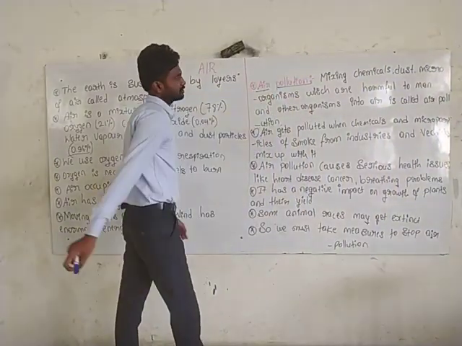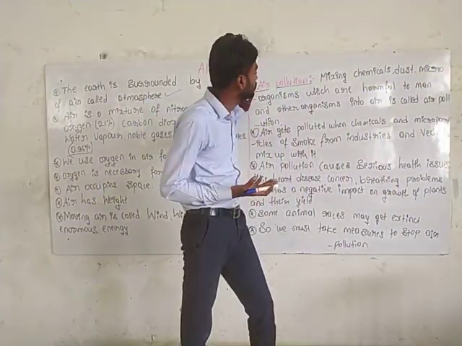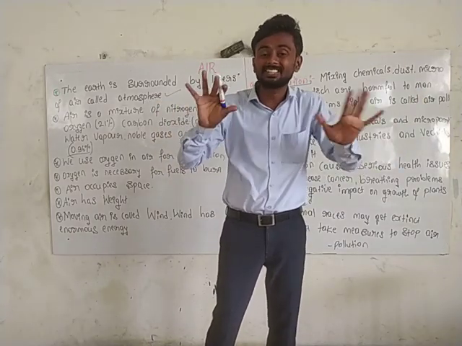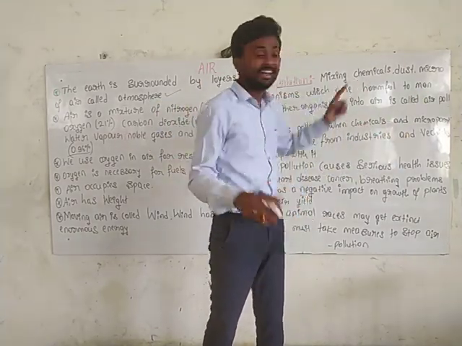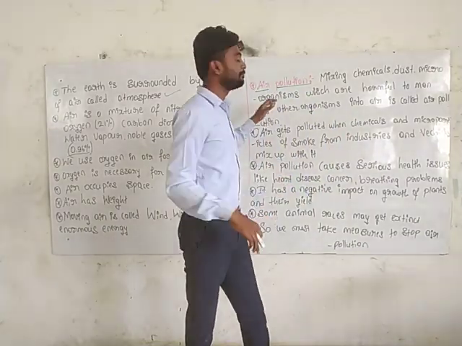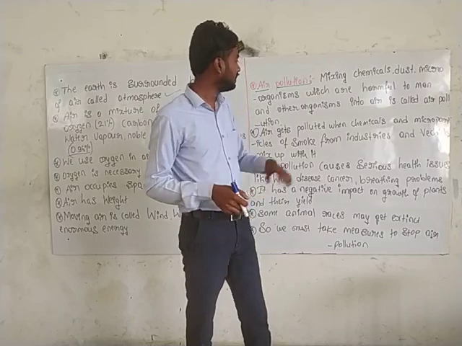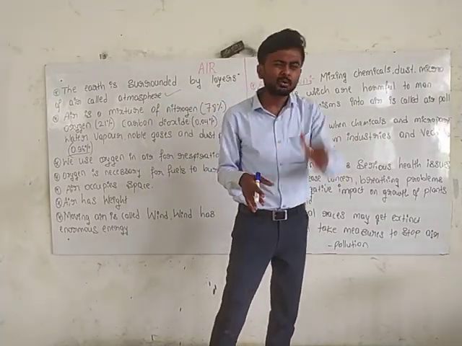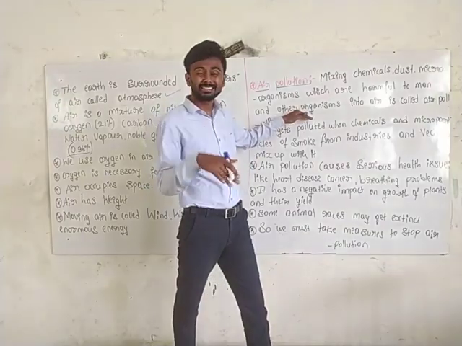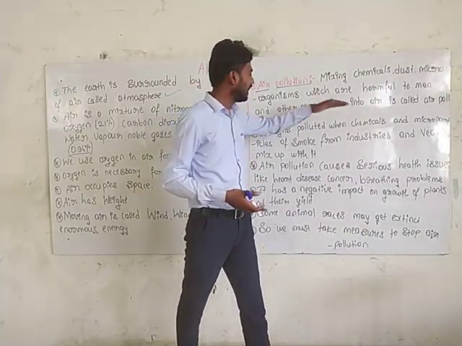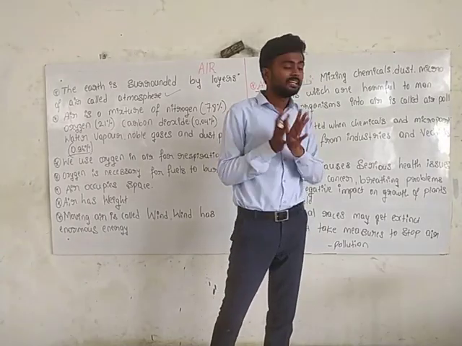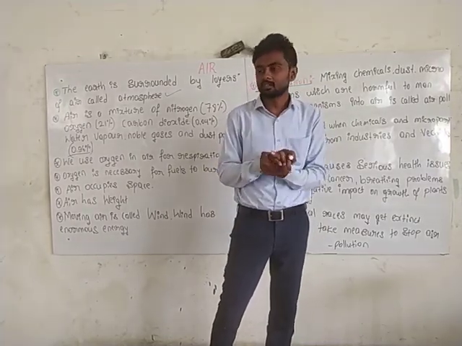So, definition of air pollution. What do you mean by air pollution? First of all, mixing of chemicals, dust particles, and microorganisms in the fresh air, which are harmful to man and the other organisms, into air is called air pollution.